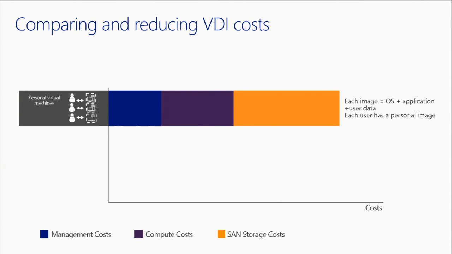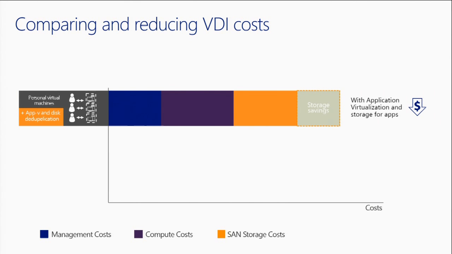But far and away, that SAN storage is what's going to be expensive. Getting enough I/O to support those machines, you figure 10 IOPS per user, so 100 users, 200 users is thousands of IOPS per second. So you've got a lot of IOPS there. So your disk storage ends up being the most expensive part. Storage is always the hardest part of VDI, getting enough throughput on the disks to support the users.